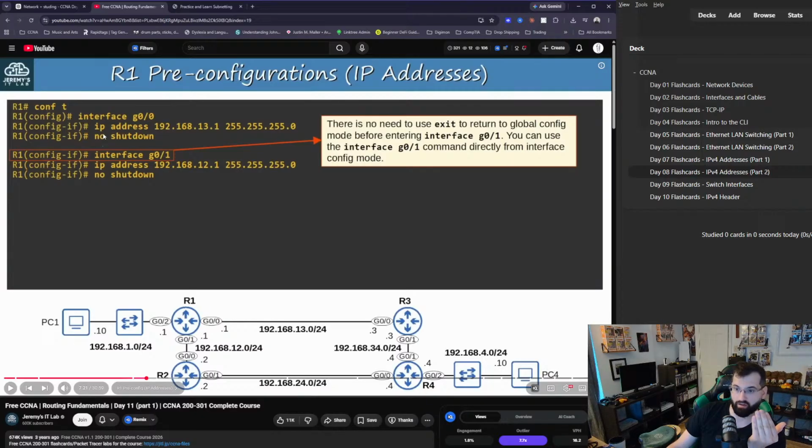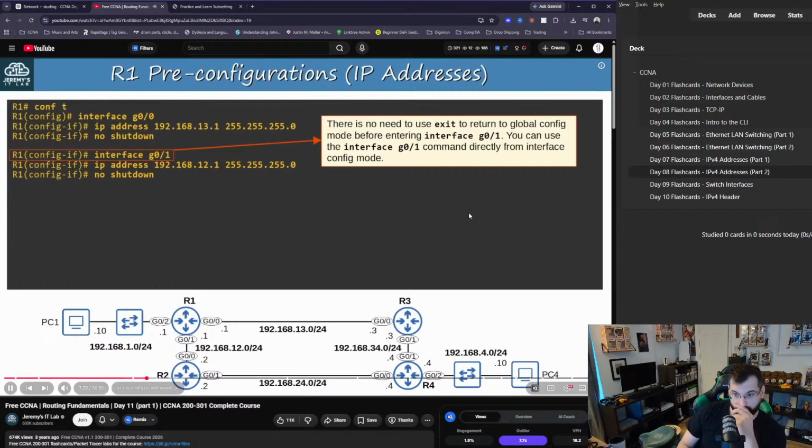But what if I'm in this interface and I'm doing a whole bunch of things and then I have to get out of it and go to a different one? I guess you could always just put that command in. It won't hurt anything. If I'm already in interface G0/0 and then I say I want to go to that interface again, nothing's going to happen. It'll just be like, okay, you're in this interface.